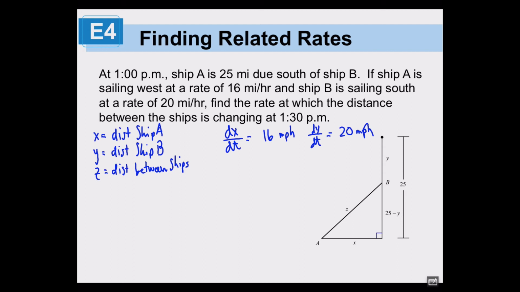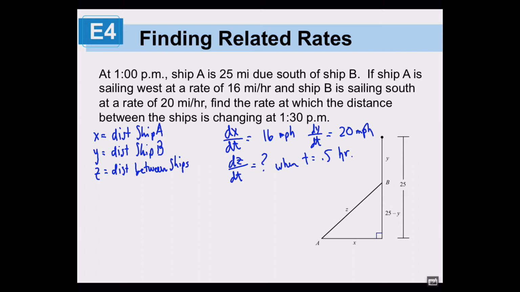We're looking for dz/dt when t equals, what do we decide? 0.5 hours. Awesome. That's step 3, correct?